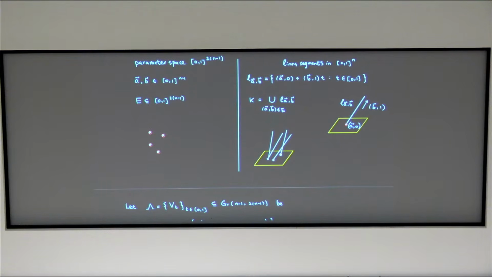Any line segment is good. So a is where the line hits this horizontal hyperplane, and (b, 1) is just the direction.